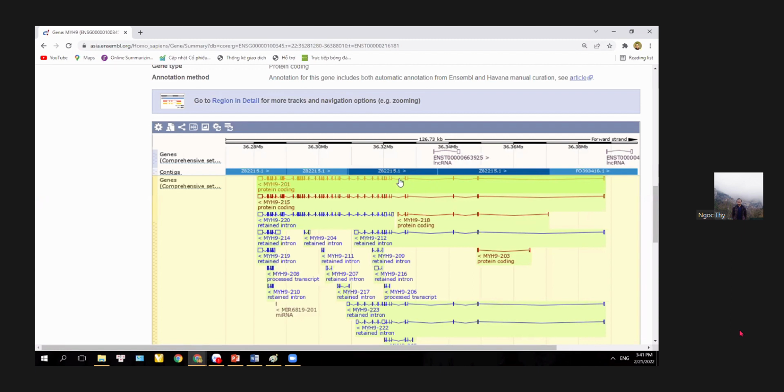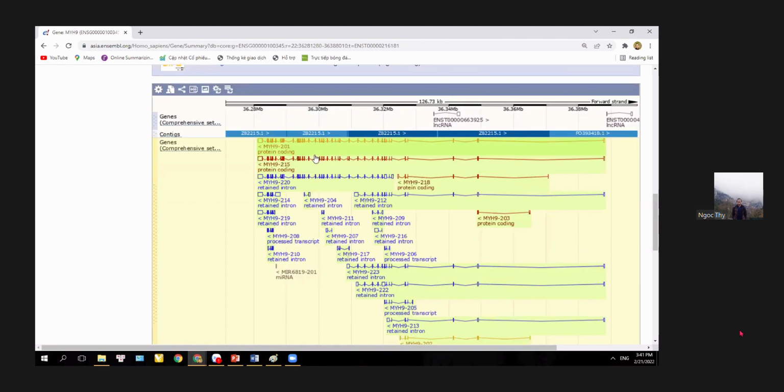Okay. Yeah. So this is the intron, and this small part here is the exon. Okay. All the fragments here are the exons. Okay, for you to recognize.